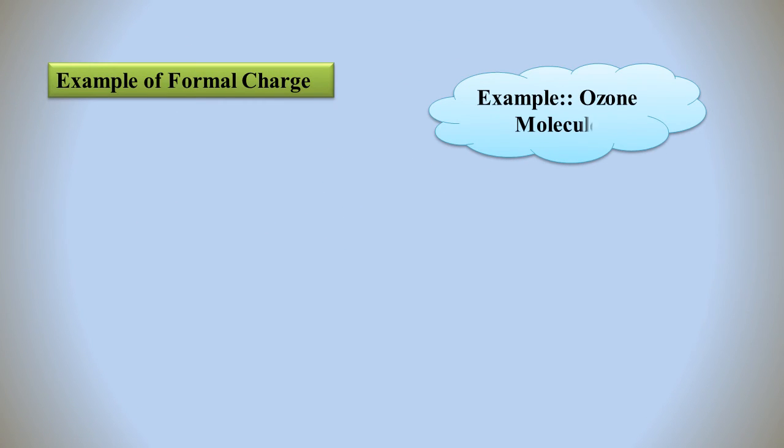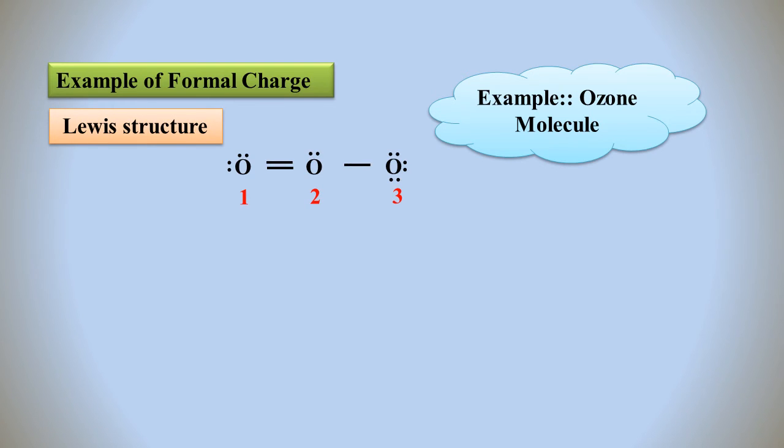We have an example here: the ozone molecule. By drawing its Lewis structure, we have here 1, 2 and 3 electrons. Okay, formal charge for the first oxygen.